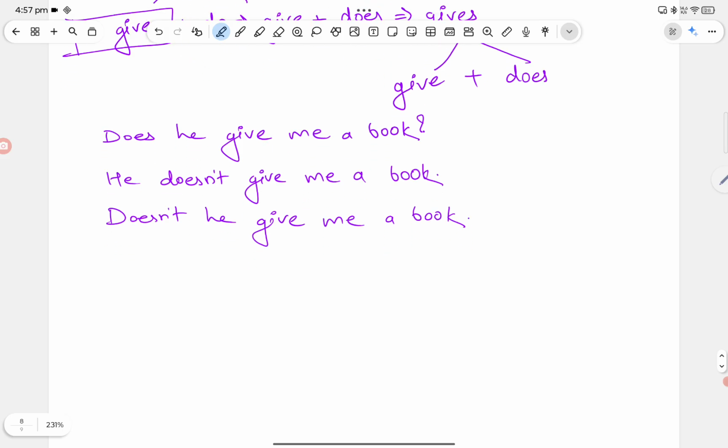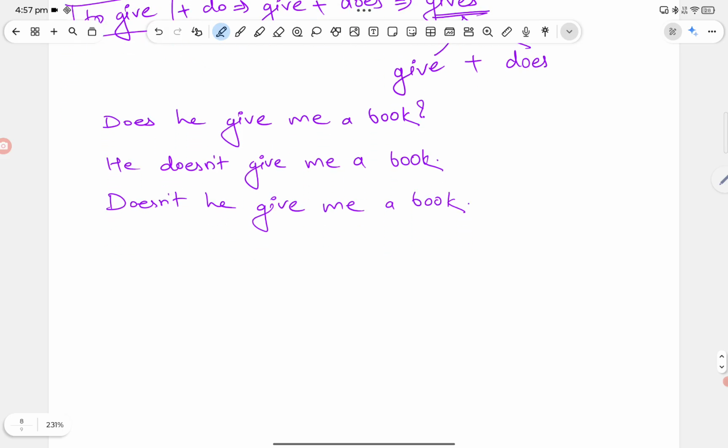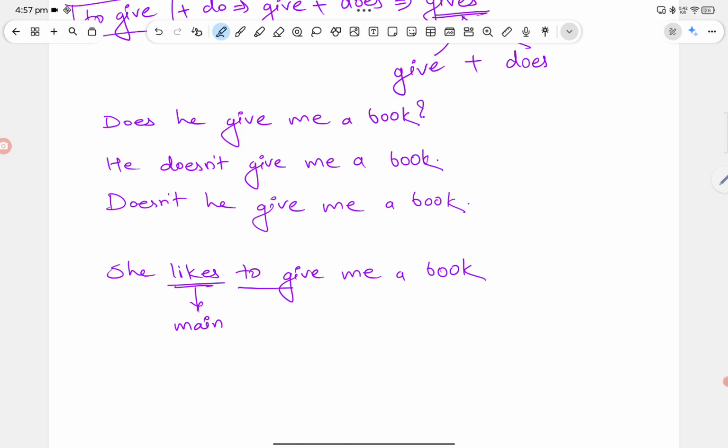Now, with the infinitive form to give, we'll use: she likes to give me a book. Here, likes is the main verb and to give is the infinitive. It will not change.